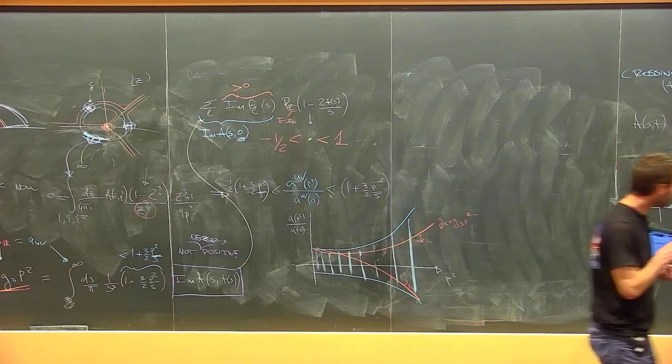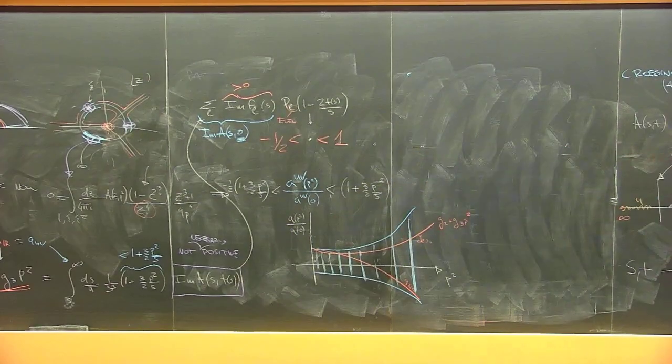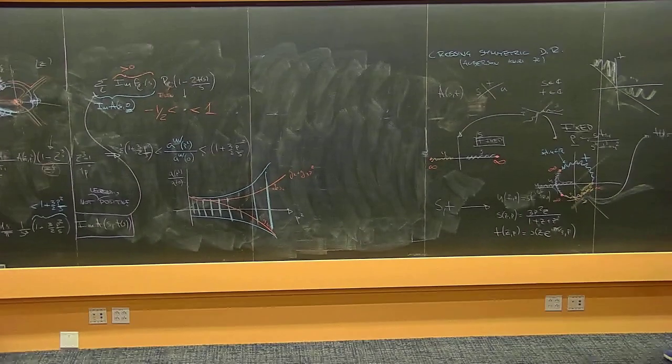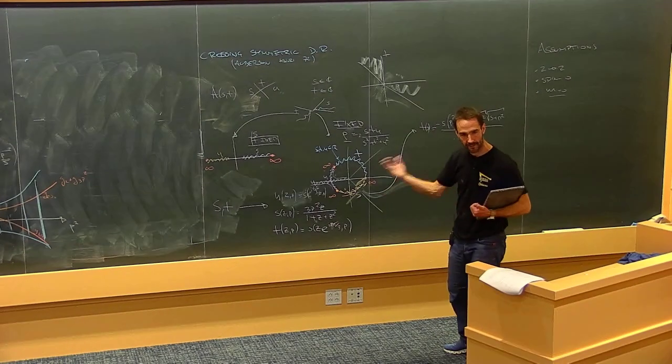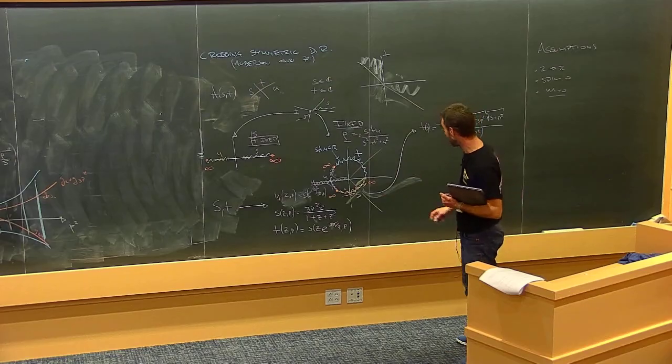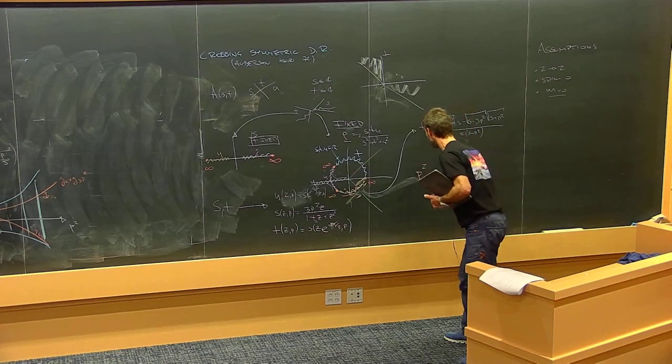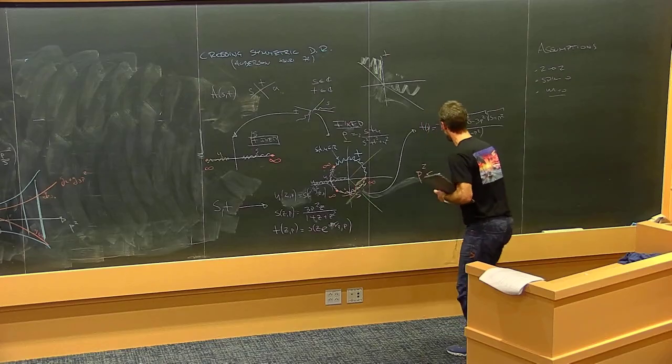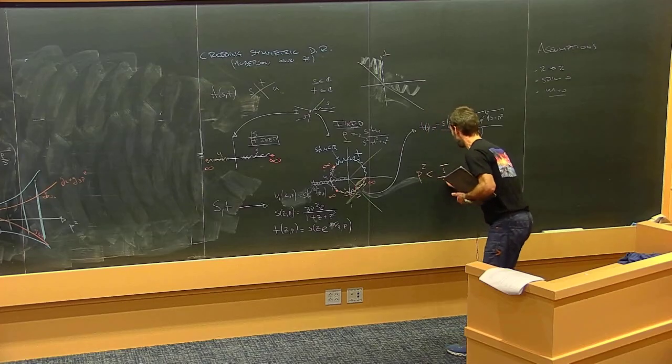There is a last thing that pops out from this analysis. Let me just write it here, which is the fact that this p squared must be smaller than this s bar divided by 3.